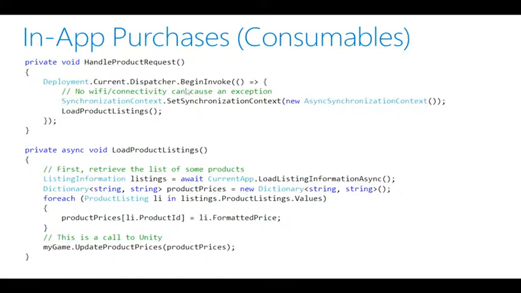So the dispatcher begin invoke is because we have to have this method called on the correct thread. So by using that, we achieve that. The synchronization context is something that, because exceptions can occur, this allows us to catch them. However, and I haven't changed the code because this works, I believe that might only be an issue when you have the debugger attached.